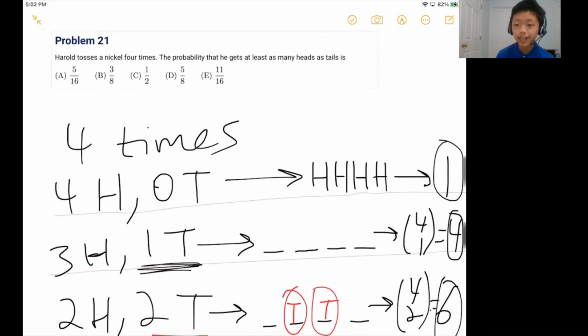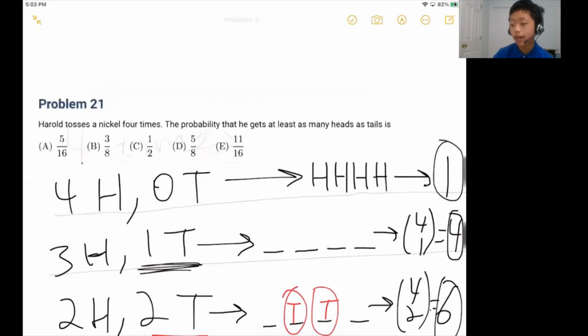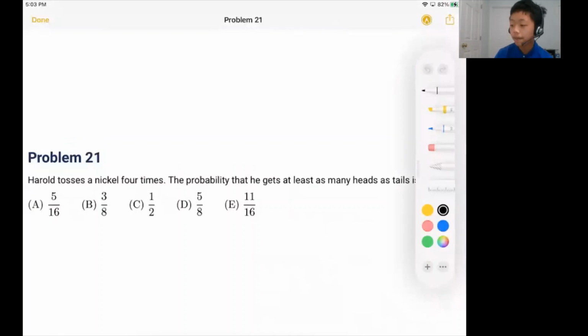This is a very common kind of question, and there's a nice trick. The answer for the case where he tosses it 5 times would just be a half. Whenever Harold tosses the nickel an odd number of times, even if he tosses it 999 times, the answer is still going to be a half.